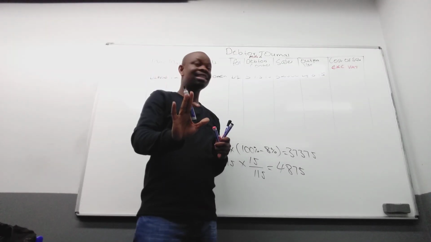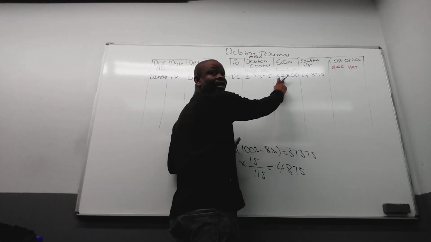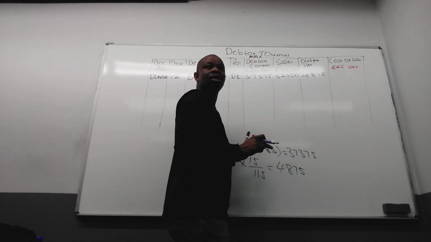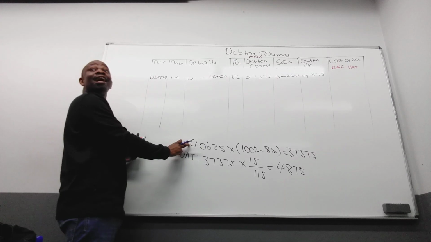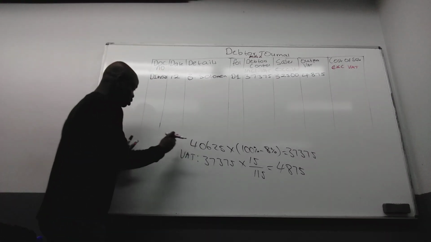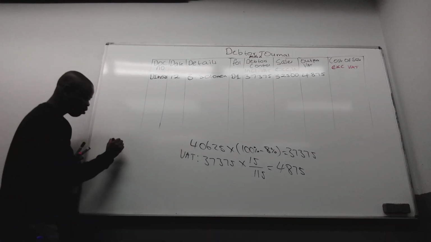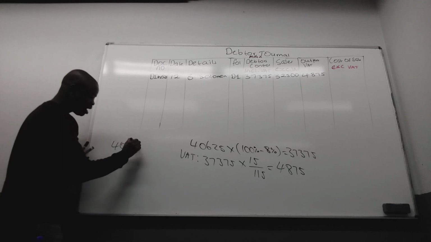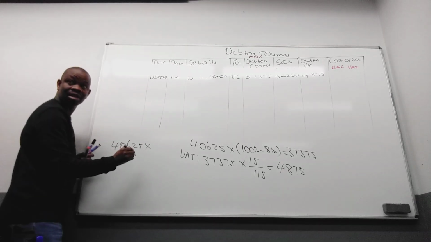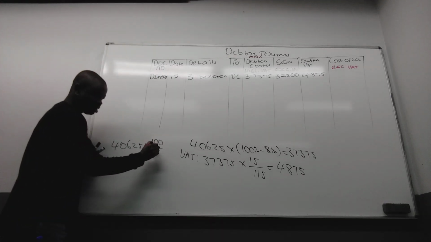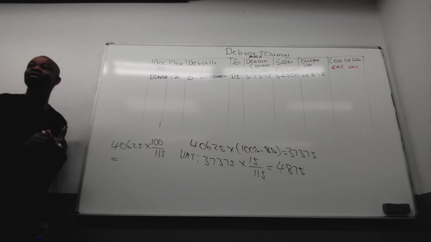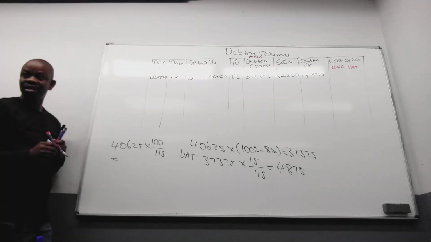The minute you say there's a trade discount, you cannot use this one to find that. You must go back to this one, and only take out VAT. Can you see now? So now we're going to say 40,625. How can I take out VAT? Times 100 over 115. Can you see now? And you get the amount without VAT.